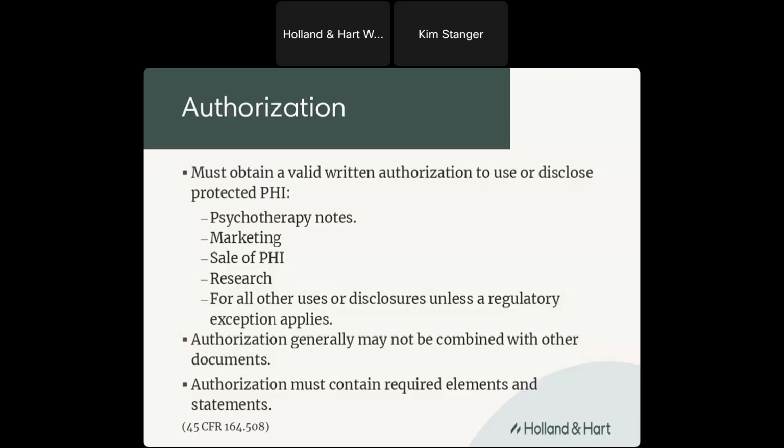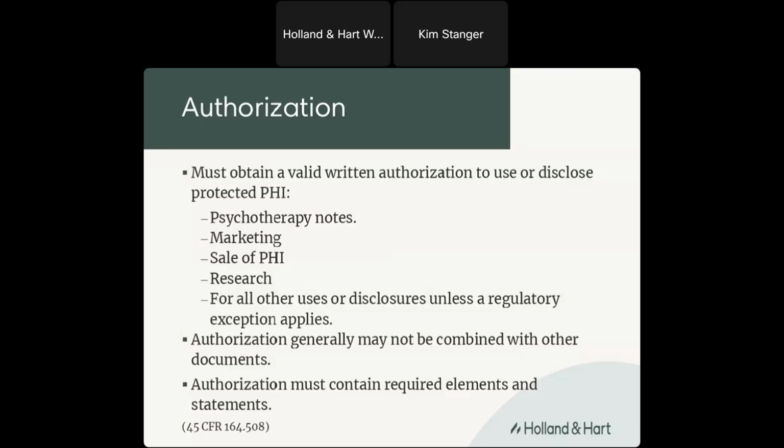It has to contain certain elements and certain statements. I'm not going to go through those today, but you may want to pull out the authorization forms you're using, compare them to 45 CFR 164.508, and make sure they still contain those required elements. If not, then it's technically not a compliant authorization.